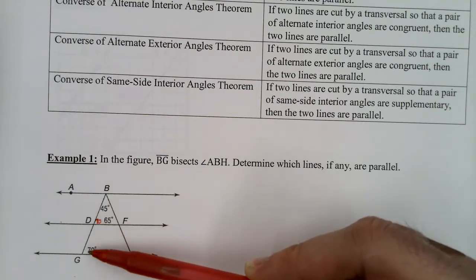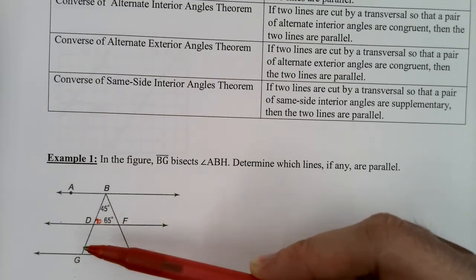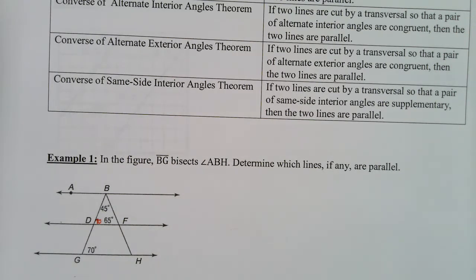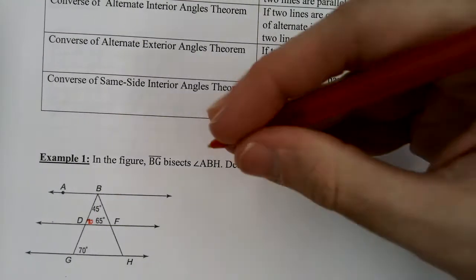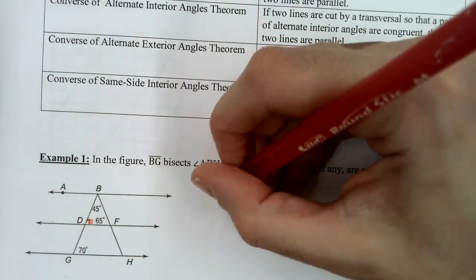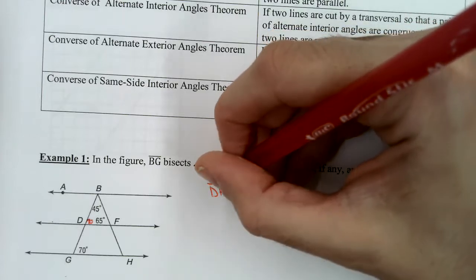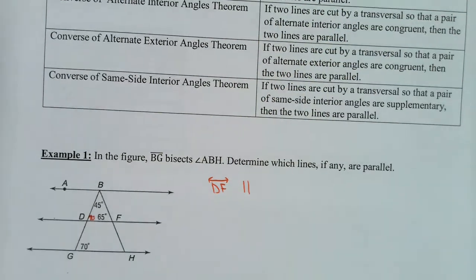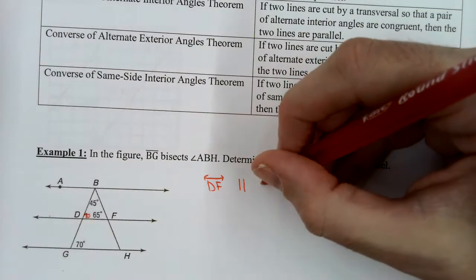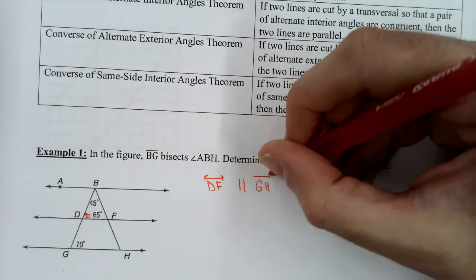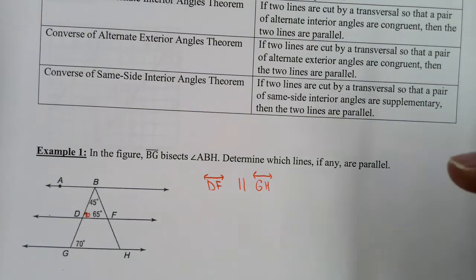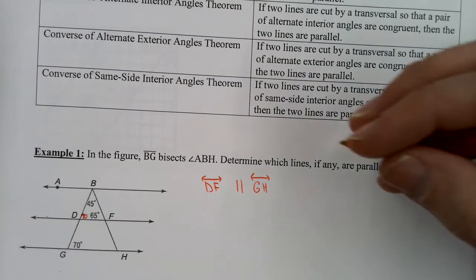So since the corresponding angles are congruent, I can conclude that these 2 lines are parallel. So I'm going to say line DF is parallel to GH, and I'm going to say by the converse of the corresponding angles postulate.